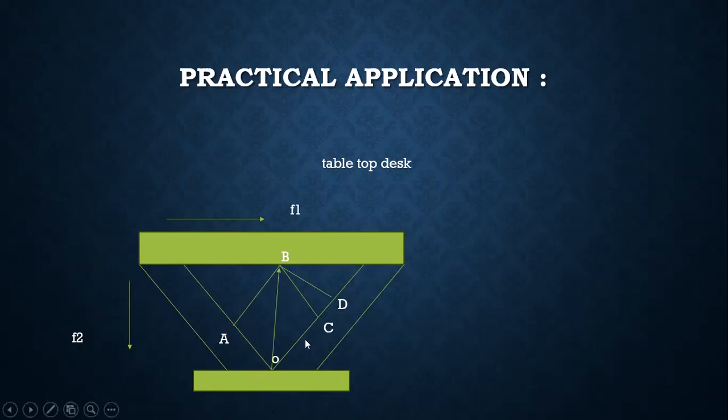By applying the parallelogram law of forces, we can find the resultant force OB by considering F1 and F2 as the two adjacent forces forming two adjacent sides of the parallelogram, OA and OC. This is just a small practical application of the theorem on a real-life object.